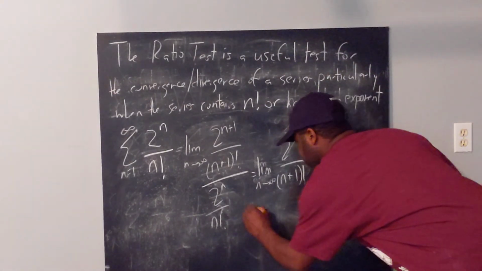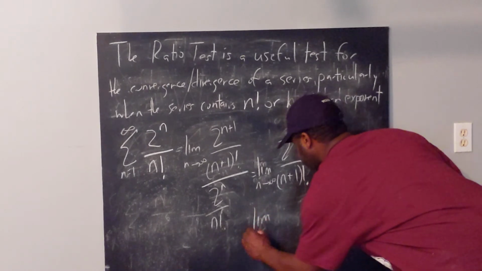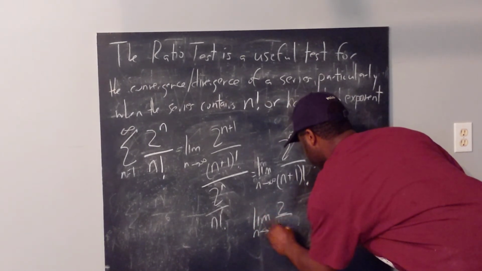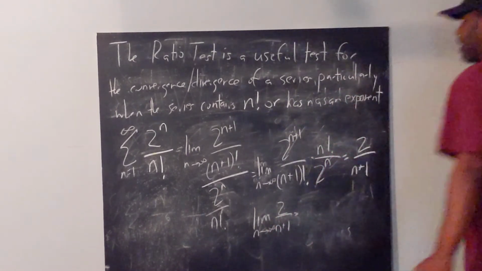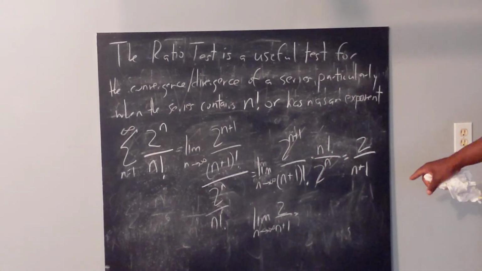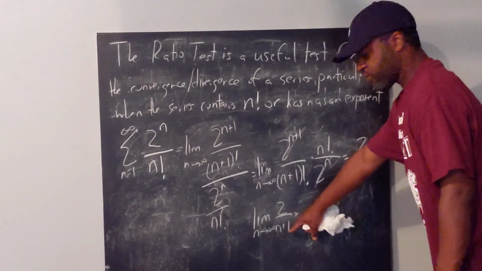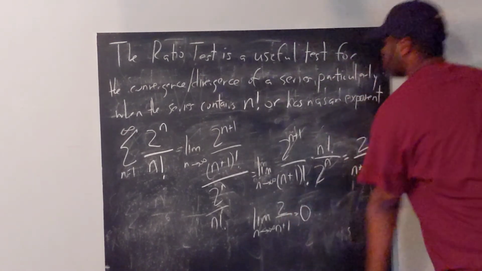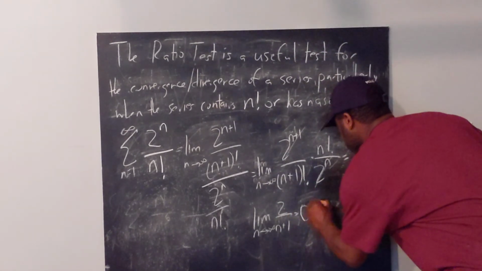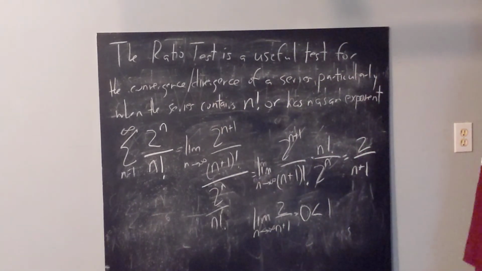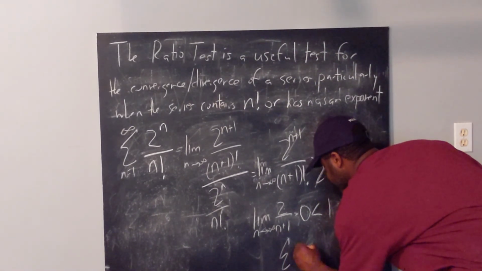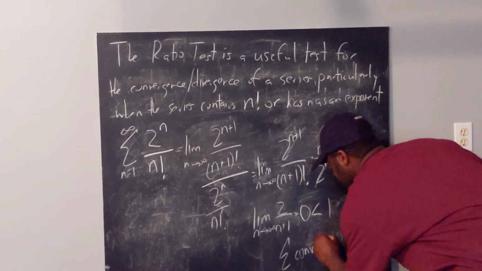Now, I'm coming down another row for space. And now we have to remember our rules as a sequence. 2 over n plus 1. The degree is higher in the denominator, so the limit is equal to 0. 0 is less than 1, therefore our series converges.